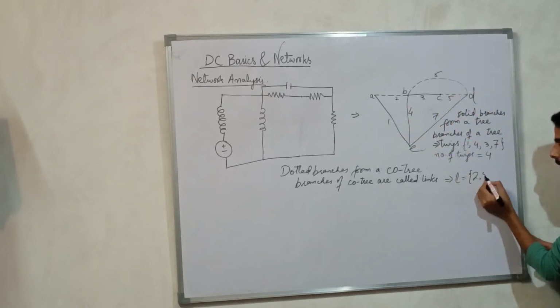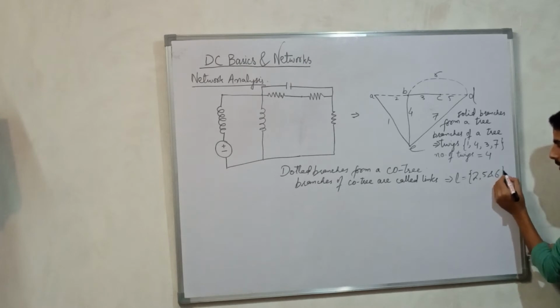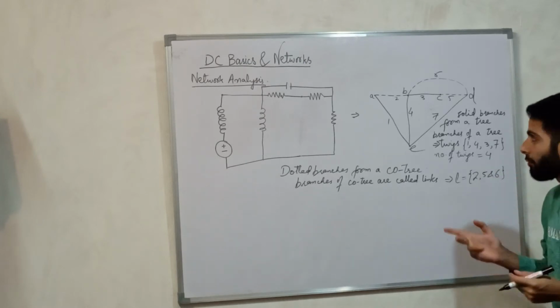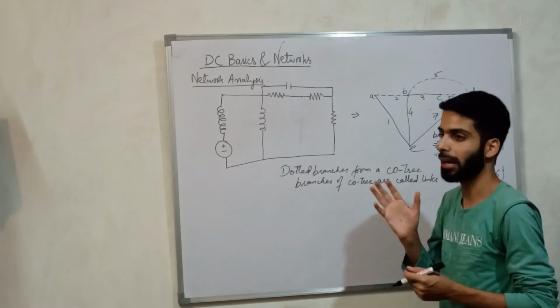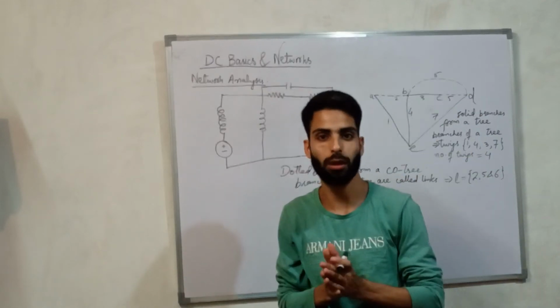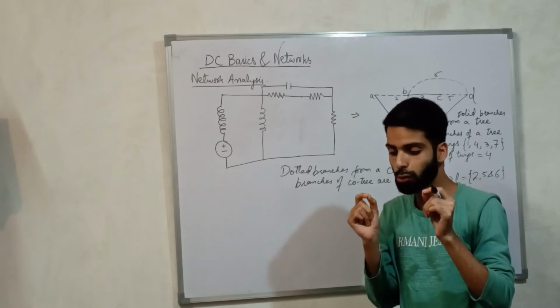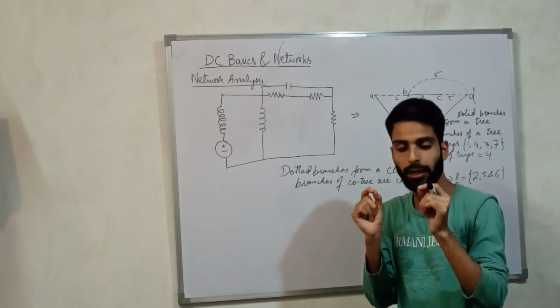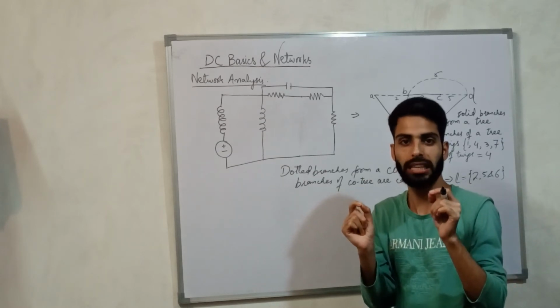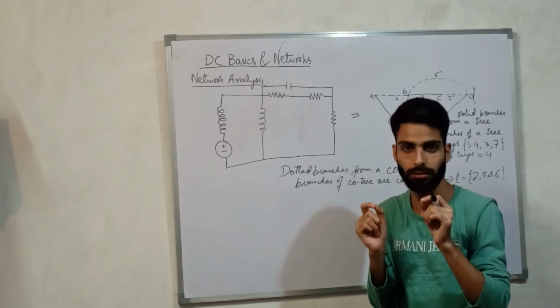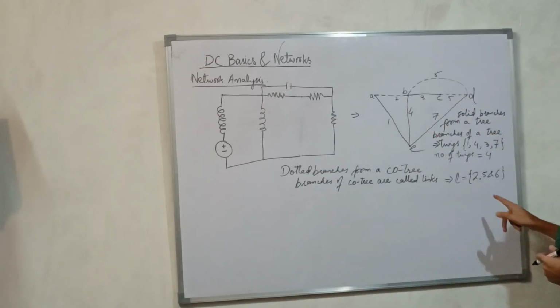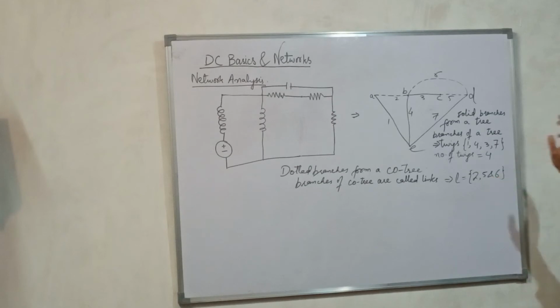2, 5 and 6. Again recalling why we have made some branches dotted and some branches solid: for the only reason that there cannot be two solid branches between two consecutive nodes. There can exist only one. Okay, so the links are 2, 5 and 6.